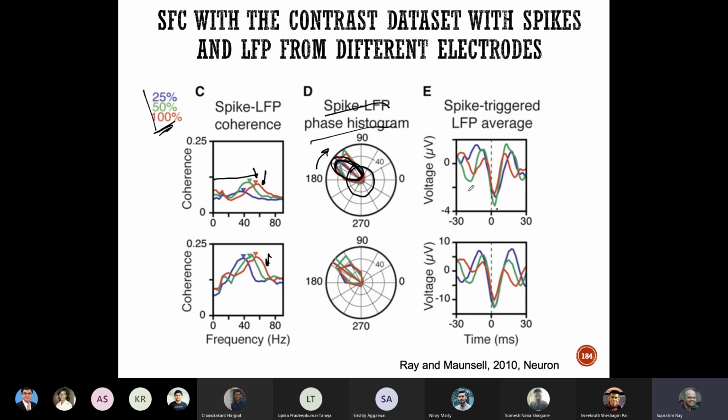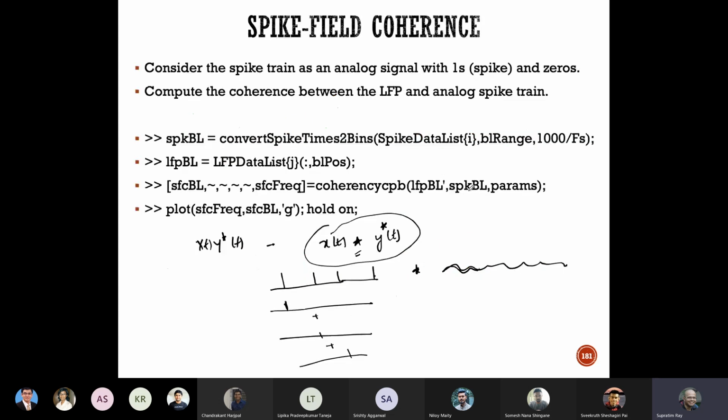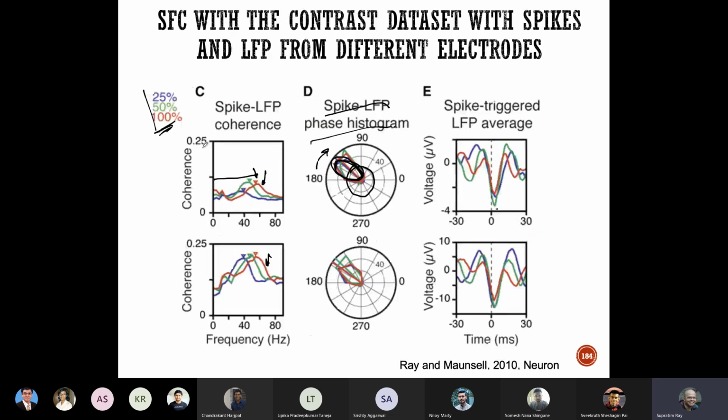Okay, and getting this plot using Chronux is quite trivial. You just convert the spike train into analog data, and then compute the field average, where the field is now a proxy of the spike converted to a field.